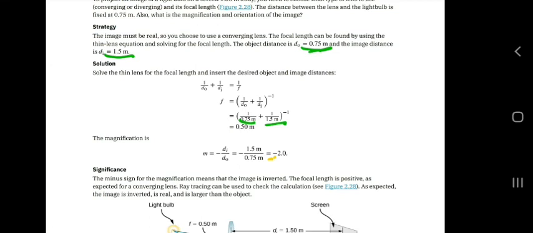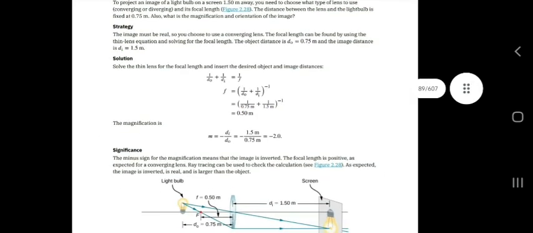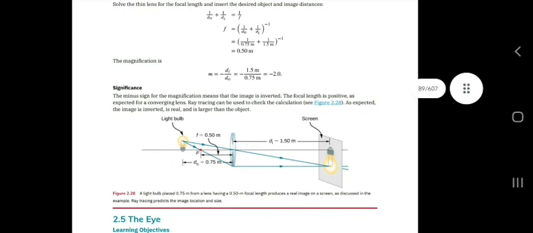The focal length is positive, as expected for a converging lens. Ray tracing can be used to check the calculation. So as we can see here in figure 2.28, this is the ray tracing. As expected, the image is inverted, real, and larger than the object.